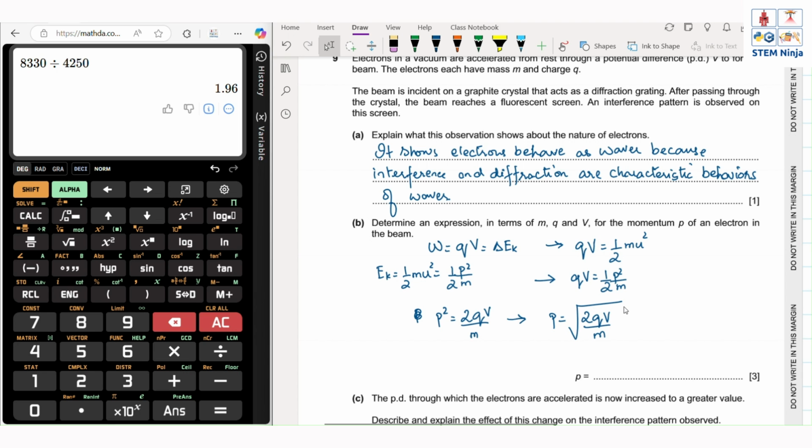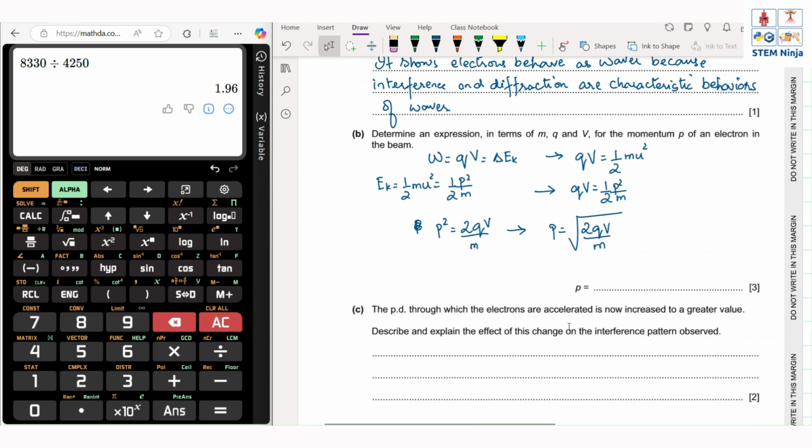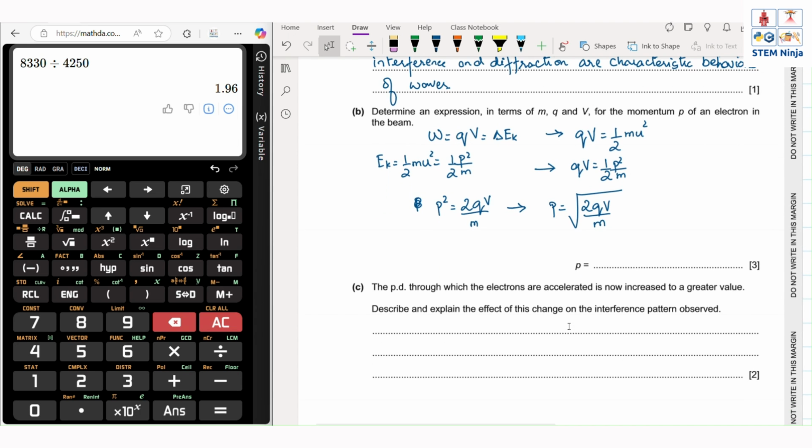The potential difference through which the electrons are accelerated is now increased to a greater value. Describe and explain the effect of this change on the interference pattern observed. Okay, so when we increase the potential difference, momentum will increase, which would mean that the velocity is increasing.